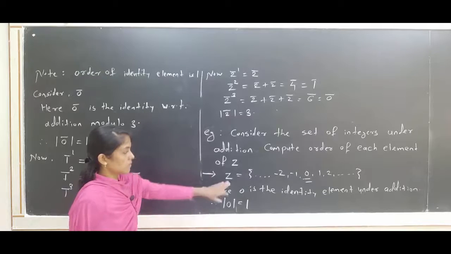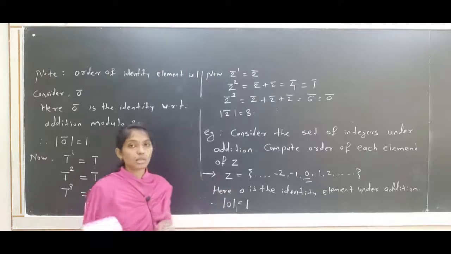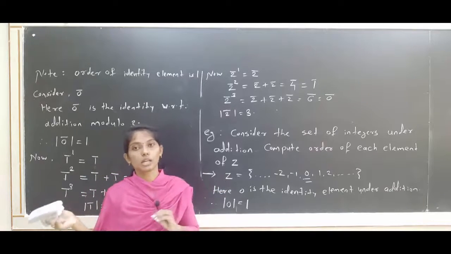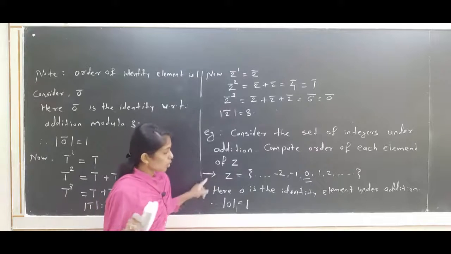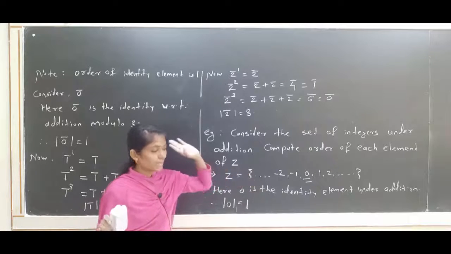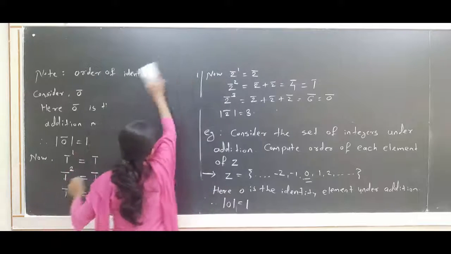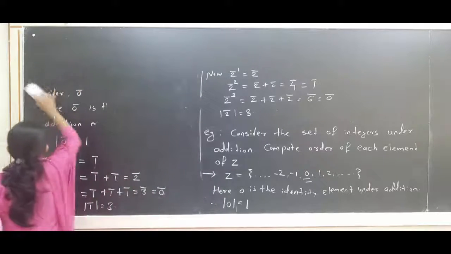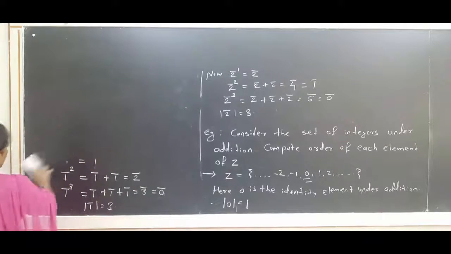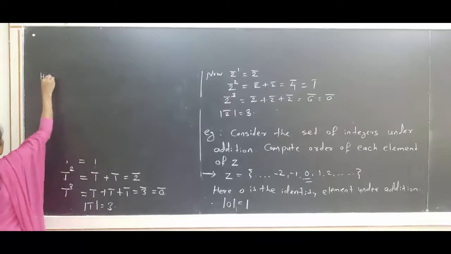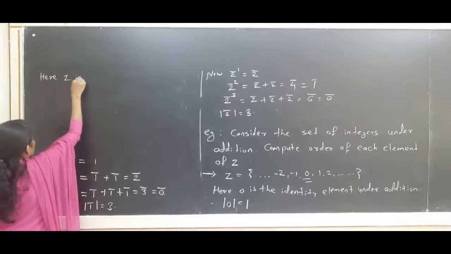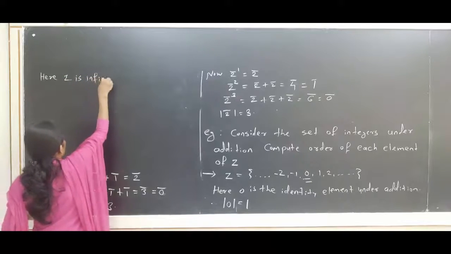Now the given set is infinite. Here no such smallest positive integer n exists. Hence the order of all the remaining elements is infinite. Okay. So Z is infinite.